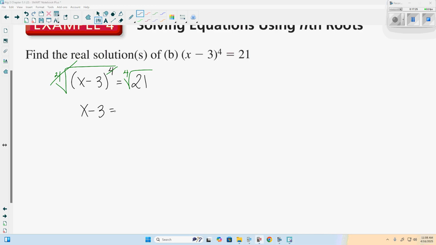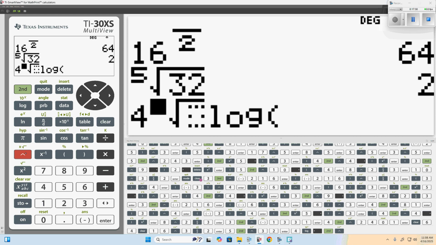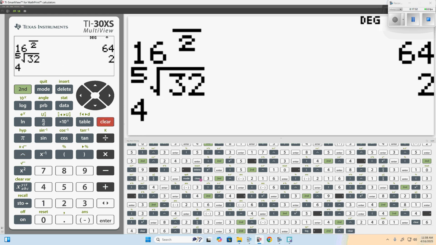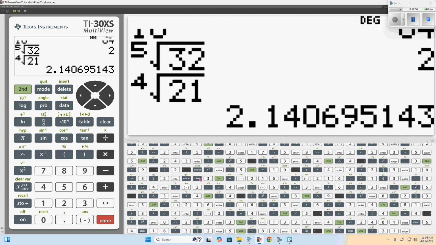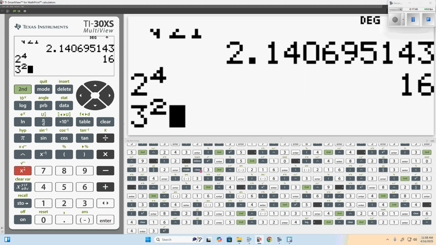There is no nice 4th root of 21. All right, let's clear that all out and try again. The 4th root of 21 is a decimal. Because we're saying what times itself 4 times is 21? Well, 2 to the 4th power is 16. 3 to the 4th power is 81. 21's in between there.